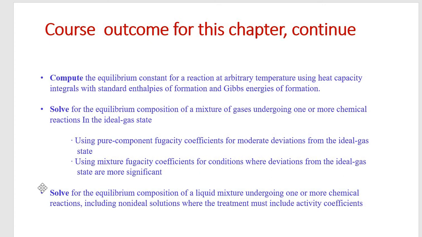For example, using pure component fugacity coefficient for moderate deviation from the ideal gas state and using mixture fugacity coefficient for conditions where deviations from the ideal gas state are more significant.